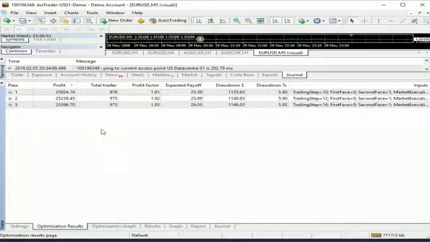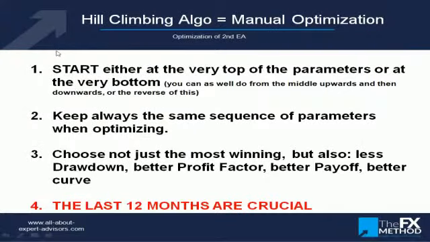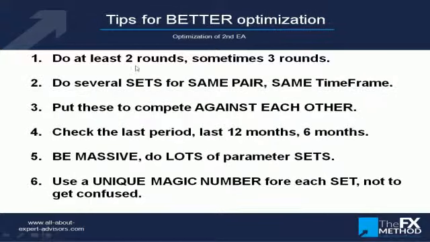So once I have done all the parameters, I'm going to explain the theory meanwhile. You are doing this at least 2 rounds. Okay, you start with the parameters from top to bottom in this case, and you do minimally 2 rounds, sometimes even 3 rounds.